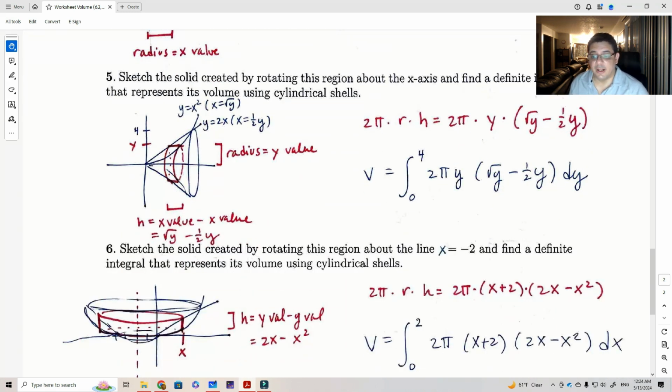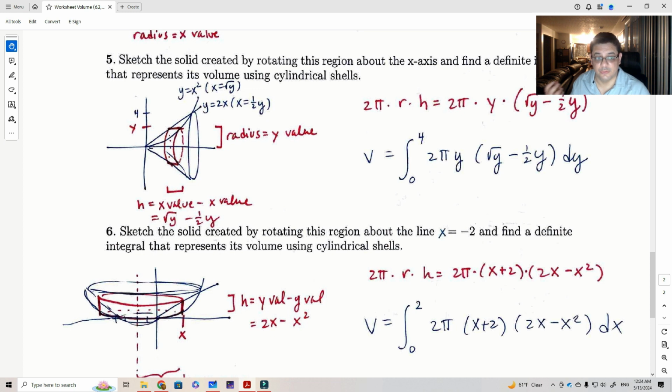Now, we can also do something similar to what we did before, and using cylindrical shells, we can move the axis of revolution. If we sketch the solid created by rotating the region around the line x equals minus 2 and find a definite integral using cylindrical shells, we notice that this region is now revolving around this axis of revolution.